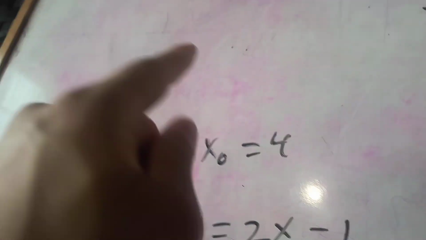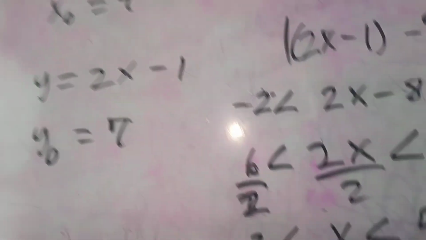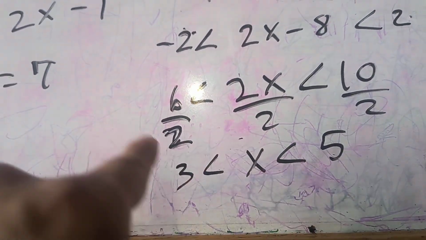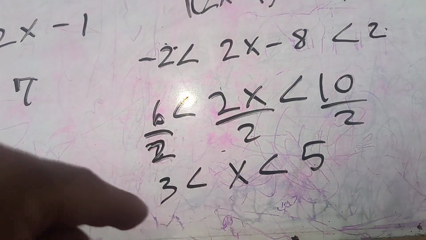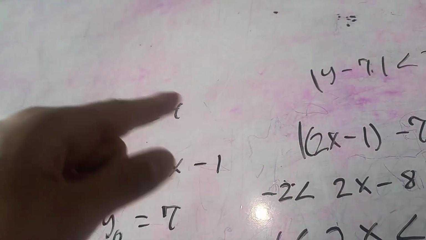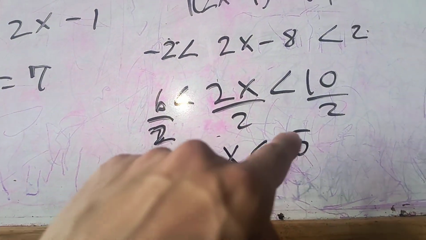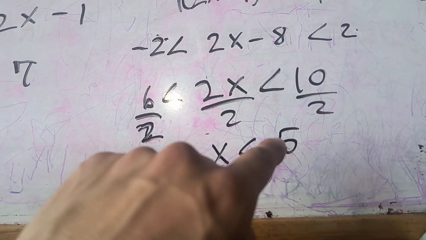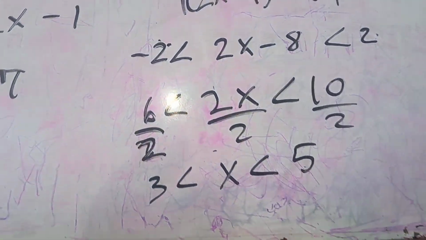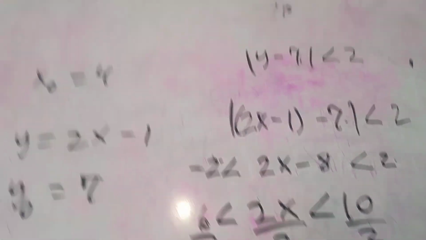And as you notice, the point that we were going around was 4. So this is saying that x has to stay within 5 and 3, which is just a distance of 1 away from 4.